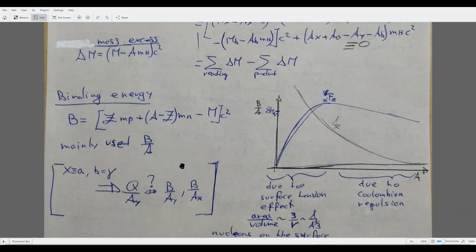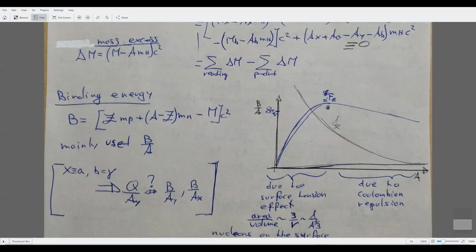Homework from Friday or also Wednesday. It's quite simple, you just need to take the time. You see that it is calculating the Q value according to the binding energy per nucleon. You see there is a relation. Actually, it's a difference.